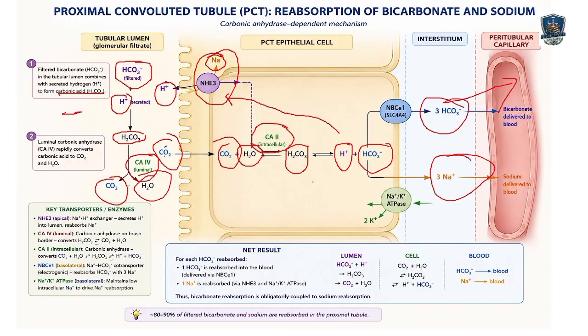Now back, we always have our sodium ion that is reabsorbed here. So this sodium ion that is reabsorbed, what happens? It's always moved into the blood via the sodium potassium ATPase pump.